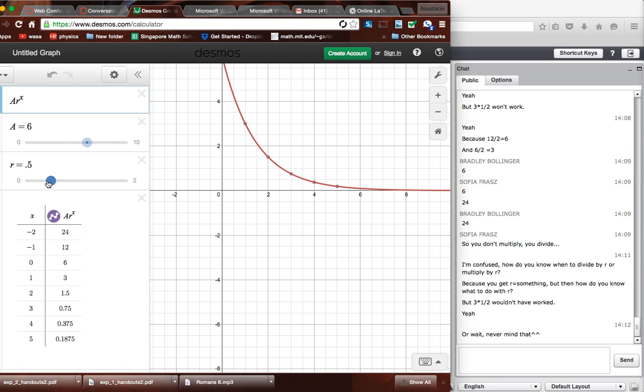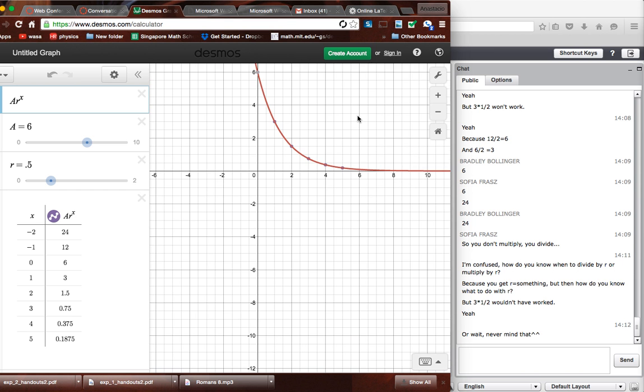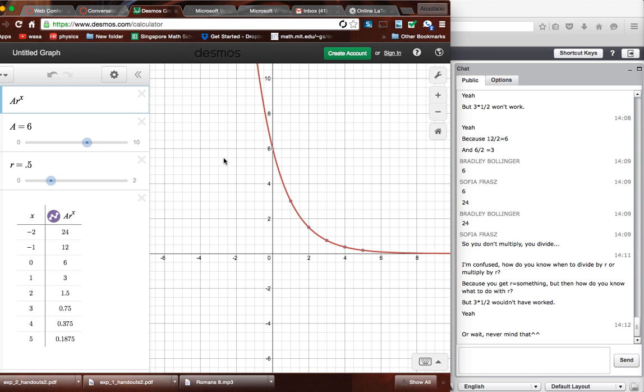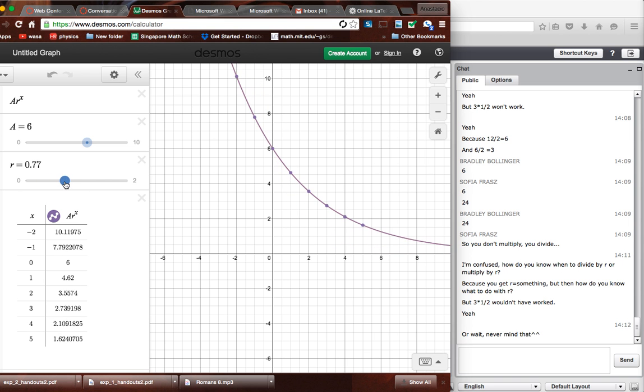Okay, look. When R is a fraction, like 1/2, look at the decay rate. Okay? As R gets closer to the number 1, look at the decay rate. What happens is that the slide that you would be falling down is less steep. It's more of a shallow slide.